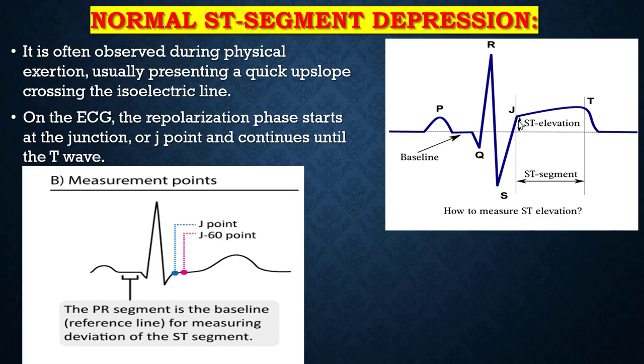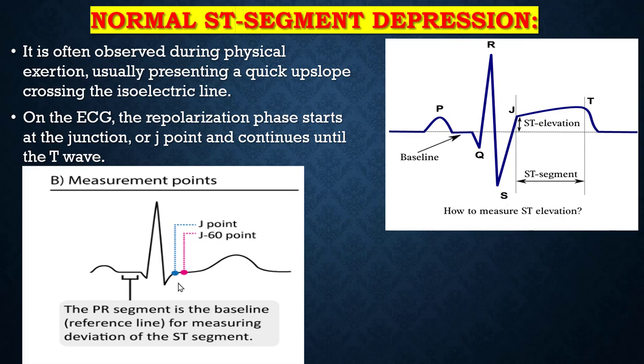This is normally found in exertion, especially during an exercise tolerance test. The segment becomes raised with upslope, and then after rest this elevation comes down to the normal level.